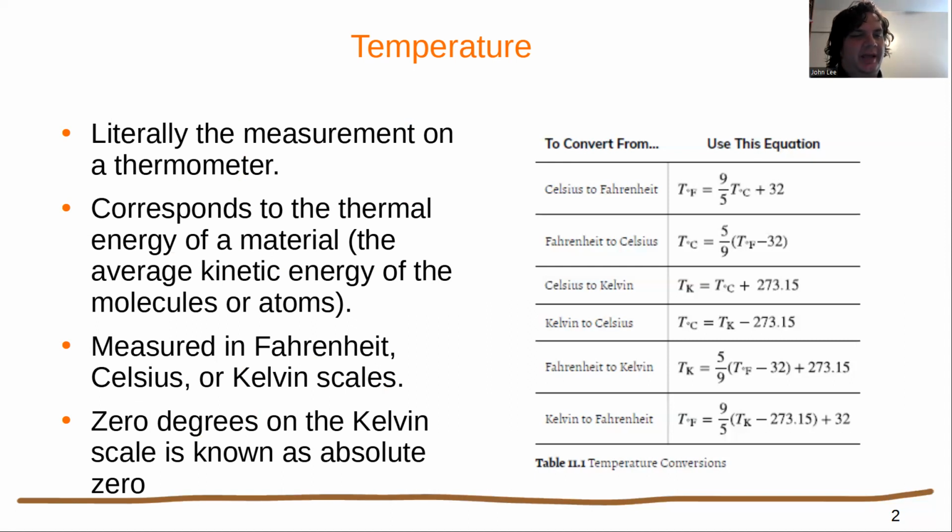Celsius is measured to have the freezing point of water at exactly 0 degrees and the boiling point of water at exactly 100 degrees. And Kelvin is measured so that the kinetic energy of the atoms becomes zero at the point where the Kelvin scale becomes zero.